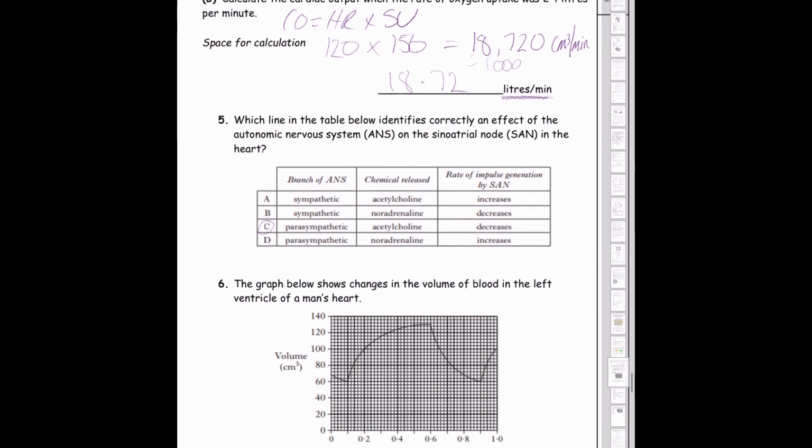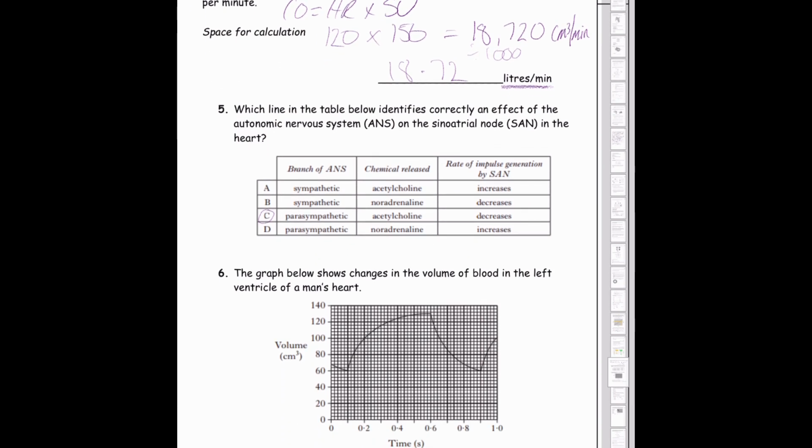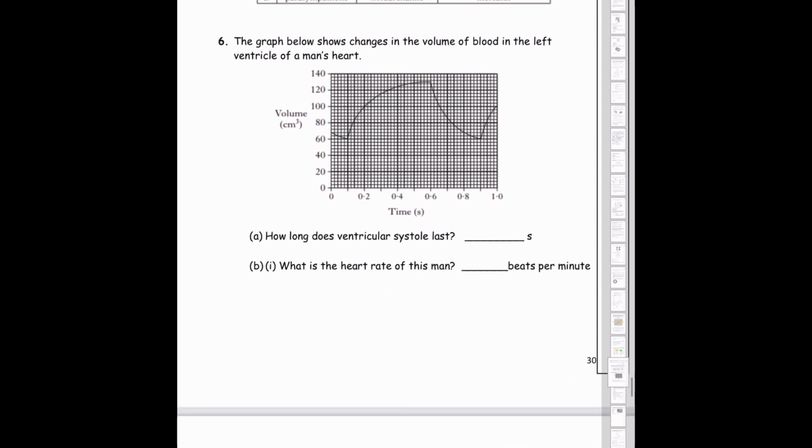Right, question 5. Which line in the table identifies correctly an effect of the autonomic nervous system on the SA node? So the parasympathetic nervous system releases acetylcholine to decrease the rate of impulse generation and decrease heart rate, so we're looking for C. Question 6.